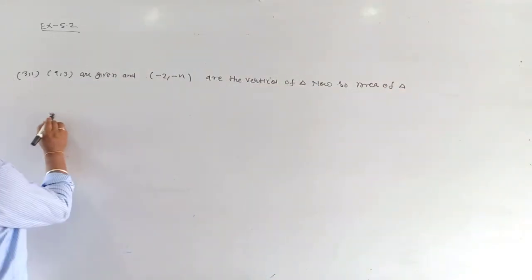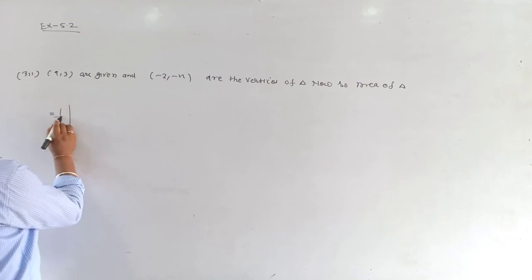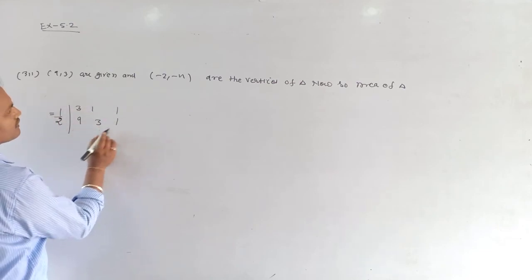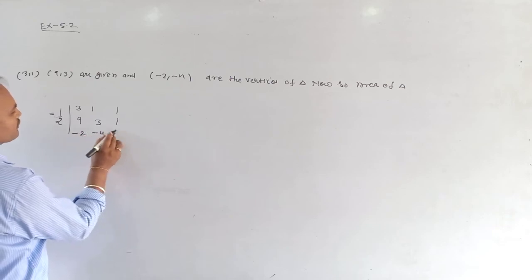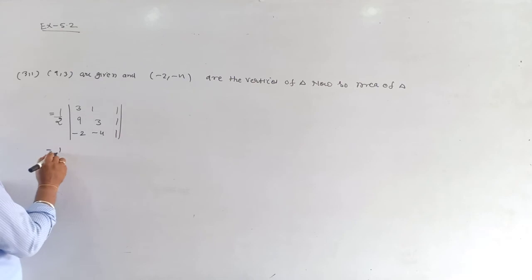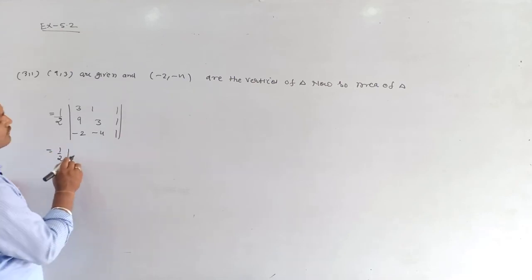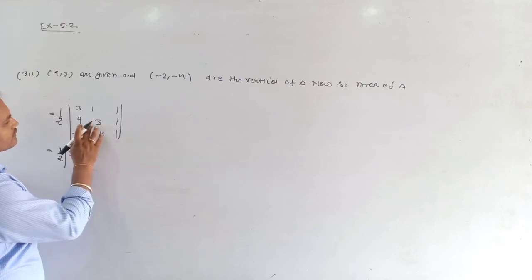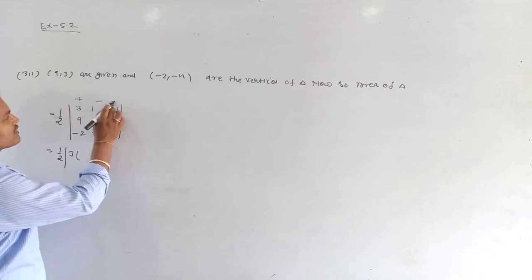Now the area of the triangle equals 1 by 2 times the determinant with rows 3 1 1, 9 3 1, minus 2 minus 4 1. So it is 1 by 2 and it is 3, and plus minus plus.